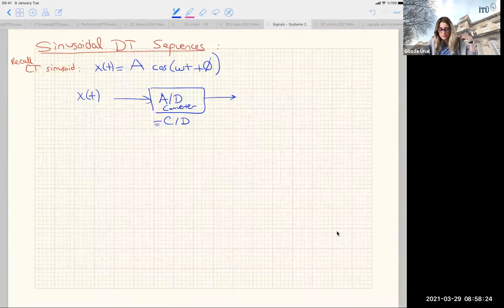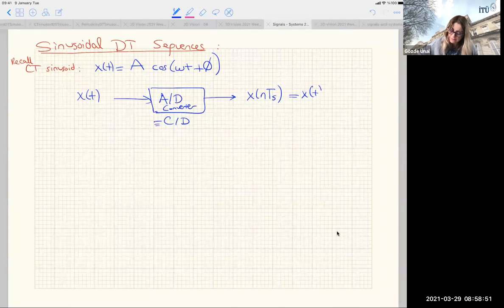We will be coming to that after we study the discrete time Fourier series, but it's soon. You can imagine, I was telling you before, this is like an algorithm, takes an input, produces an output. The mathematical operation here is x of nTs, which is really x of t sampled at t equals nTs.